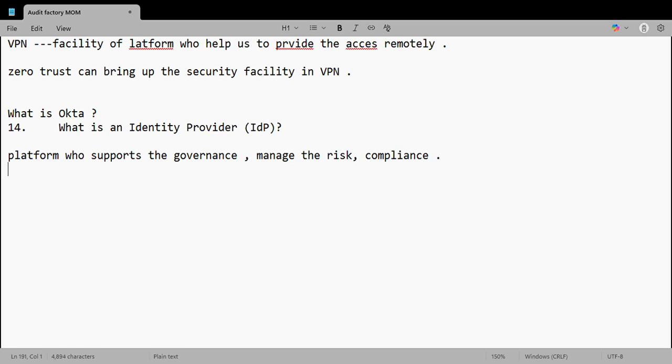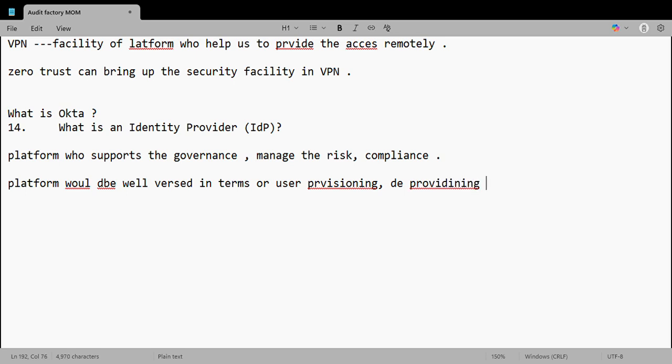The platform would be well versed in user provisioning, deprovisioning, maintaining access in terms of elevation, and log facilities when required.